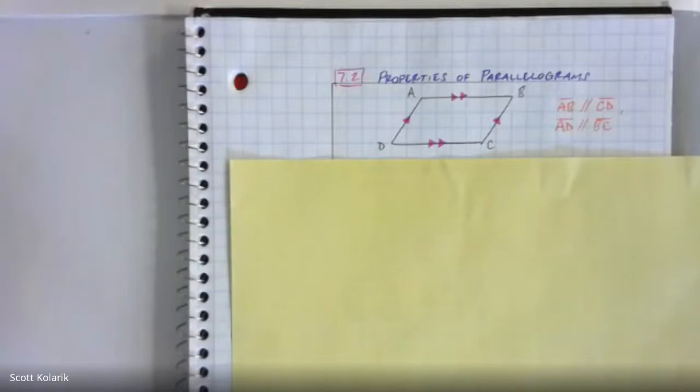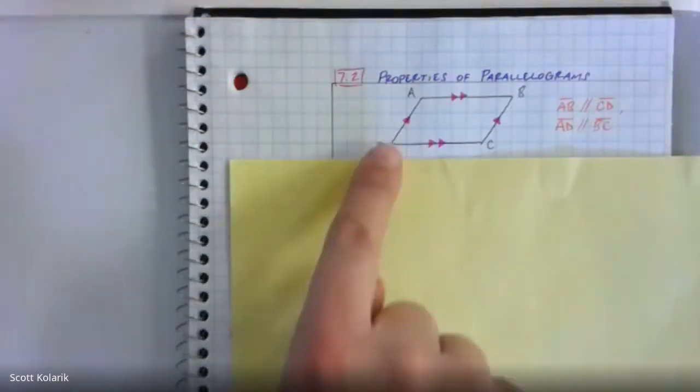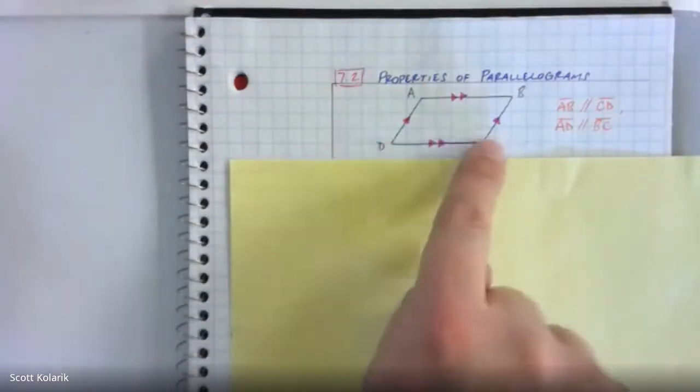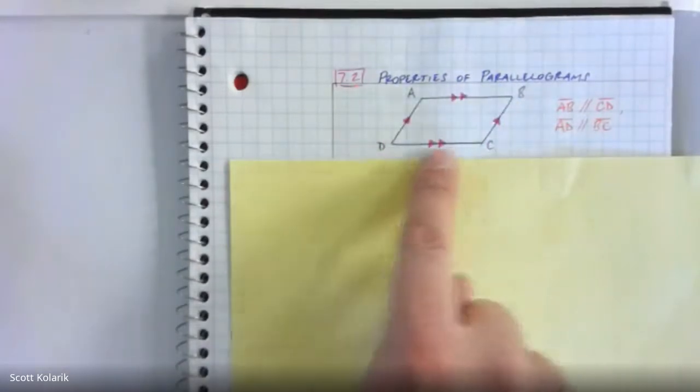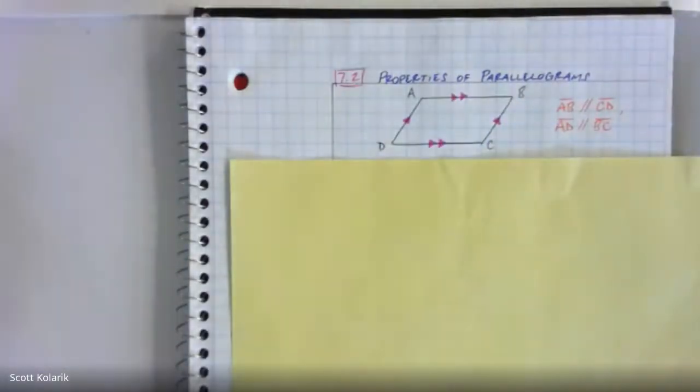Okay, so the formal definition of a parallelogram is it's a quadrilateral, a four-sided figure, with two pairs of parallel sides. As we just noticed here, AD is parallel to BC, and then AB is parallel to CD. Okay, two pairs of parallel sides.